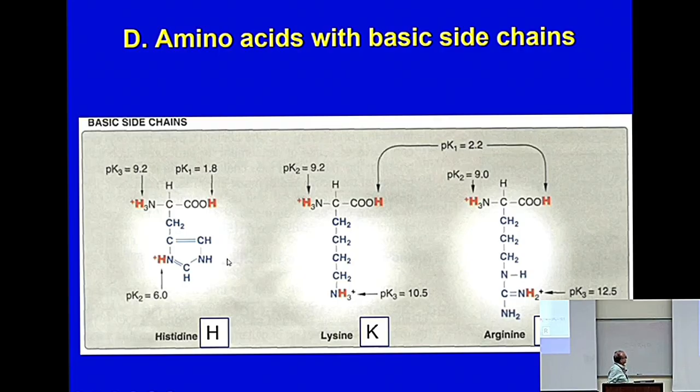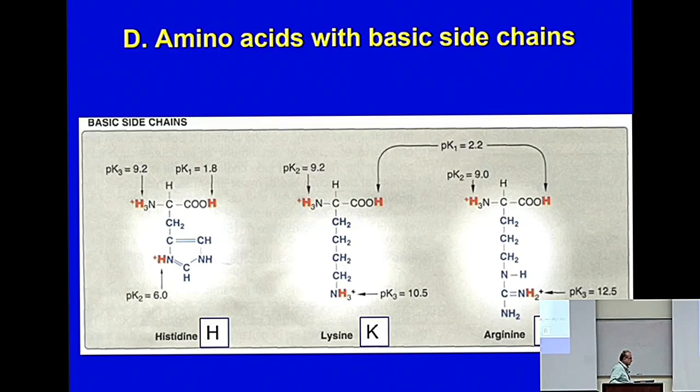What's unique about histidine is that because of the value of the pK2 of its side chain, it can either donate or accept a proton around physiological pH, depending on the microenvironment it is in.